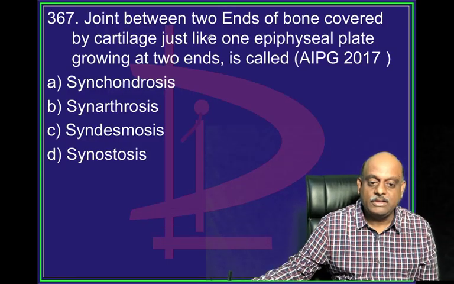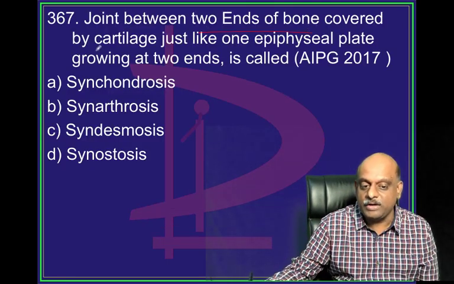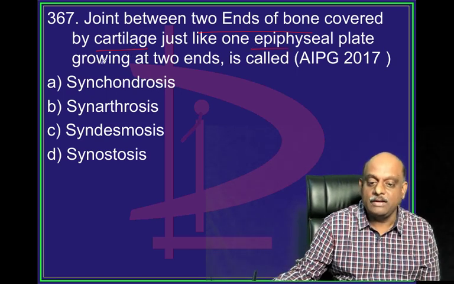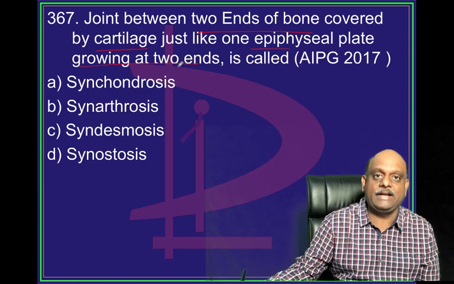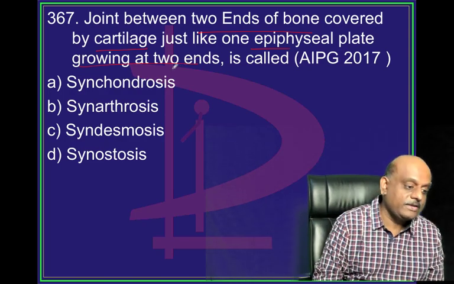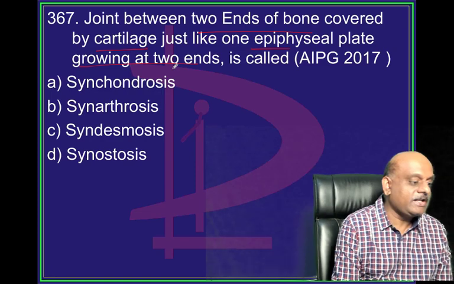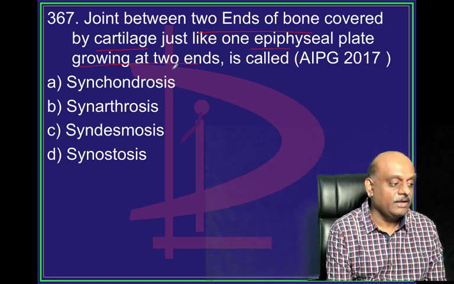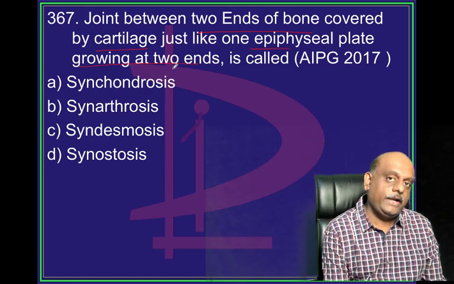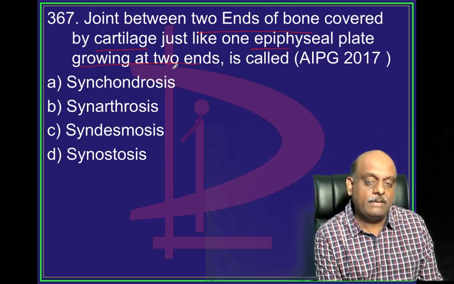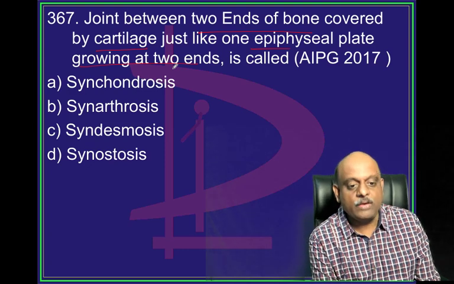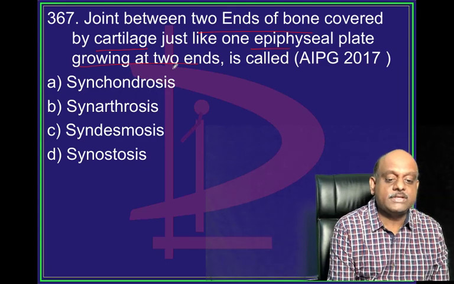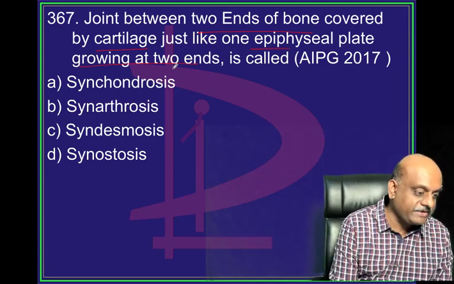The joint between two ends of the bone covered by a cartilage, just like one epiphyseal plate growing at two ends, is called as what? Question number 367.